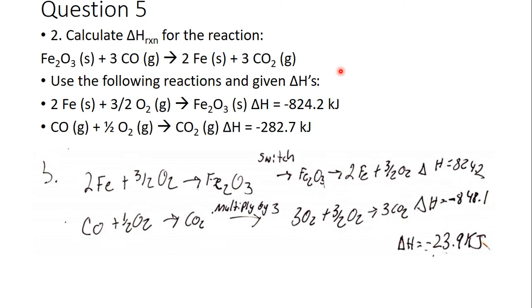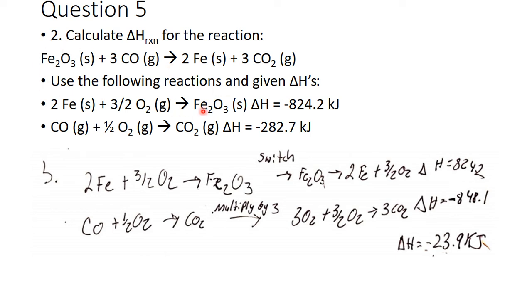And now we're going to do the same idea, but this time we're going to combine two equations. Calculate delta H for this reaction given the two half reactions. The game is, can I combine these two reactions to make this top reaction? Let's look at the first molecule in our top reaction, iron oxide, Fe2O3.